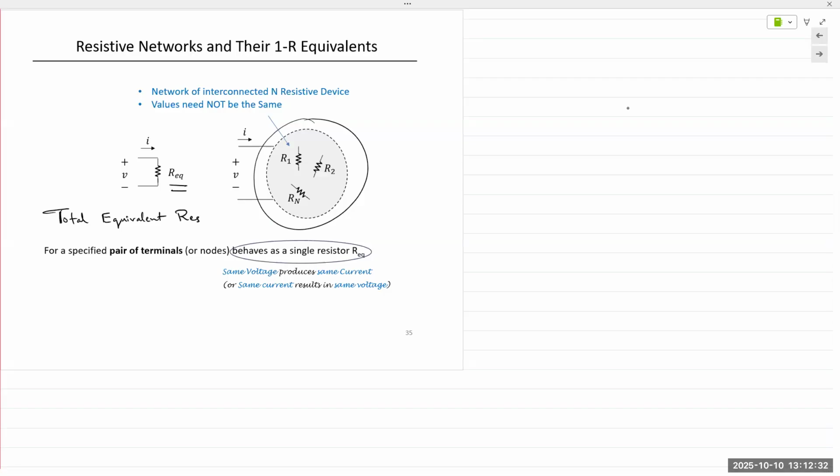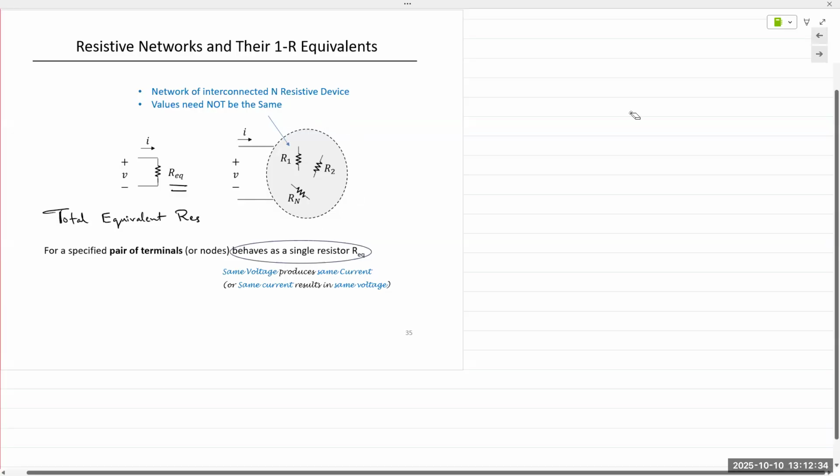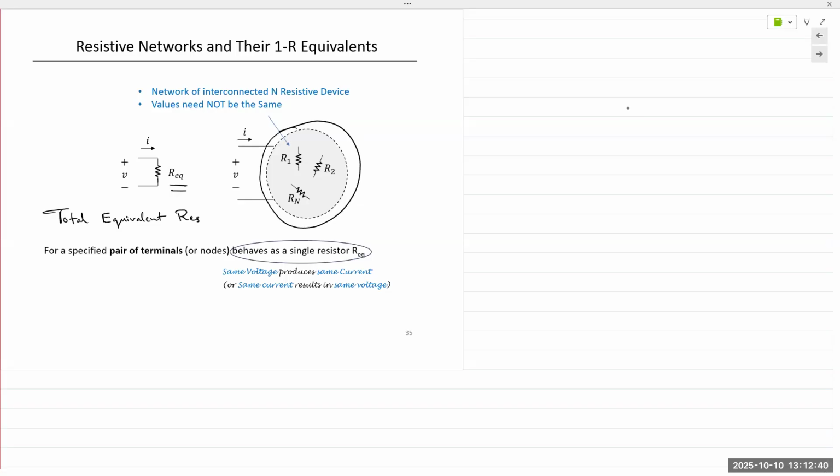Now, this is important to remember. If you have a resistive circuit like this that comprises multiple resistors, there are multiple nodes in that circuit, right? The total single resistance is different between any two pairs of nodes.